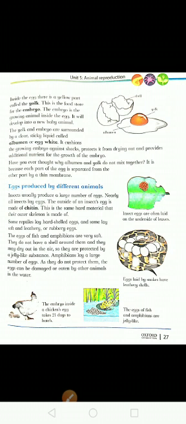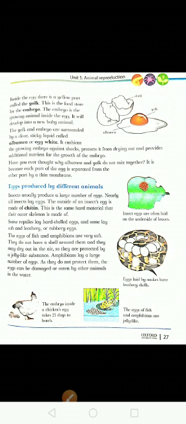The yolk and embryo are surrounded by a clear, sticky liquid called albumin, or egg white. It cushions the growing embryo against shocks, protects it from drying out, and provides additional nutrients for the growth of the embryo.